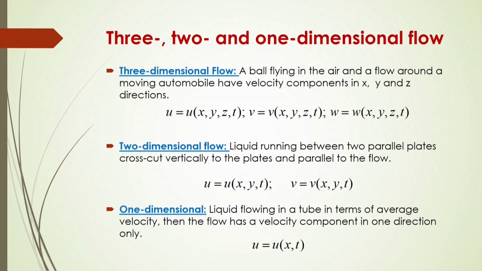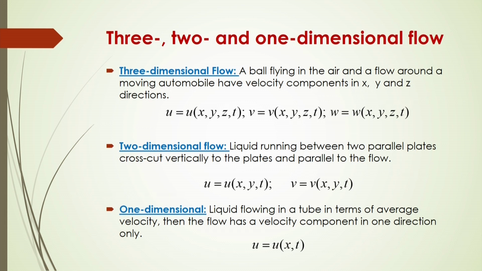Now, the next one is very important. Whenever you represent any velocity pattern, acceleration, density change, or pressure change of a fluid flow, you have to consider whether it is one dimensional, two dimensional, or three dimensional flow.